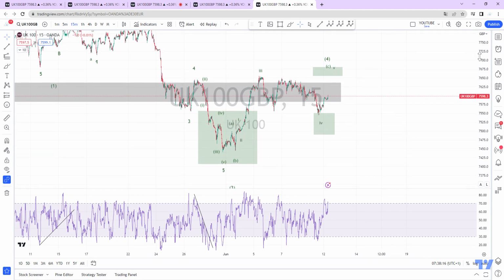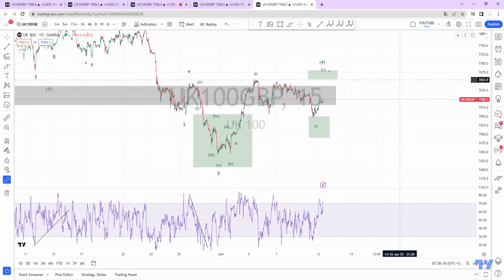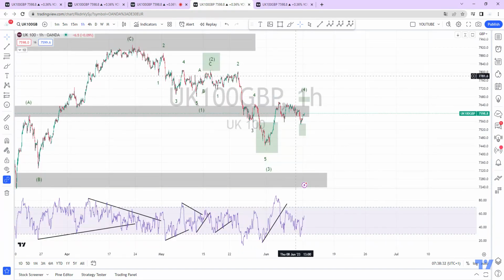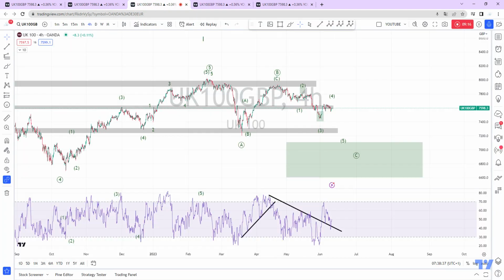because I'm expecting more downside. So this is an alternative, but I don't draw it, because we are still bearish in the 1 hour, in the 4 hour.